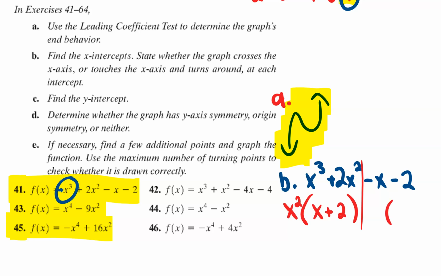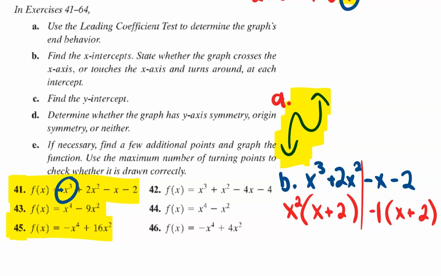Now I know when I'm doing factor by grouping that I want to end up with the same thing on both sides, so I'm just going to kind of work ahead and copy that over here. I know I want x plus 2 in parentheses twice. And then I look at this side and I determine what has to be factored out of negative x minus 2 to give us x plus 2. And the answer is a -1.